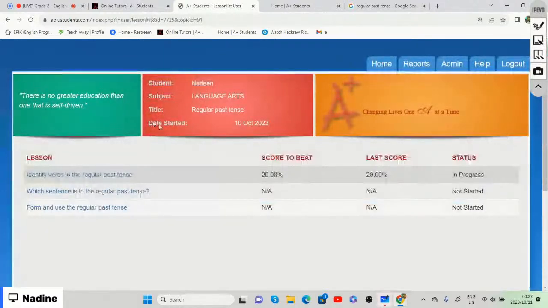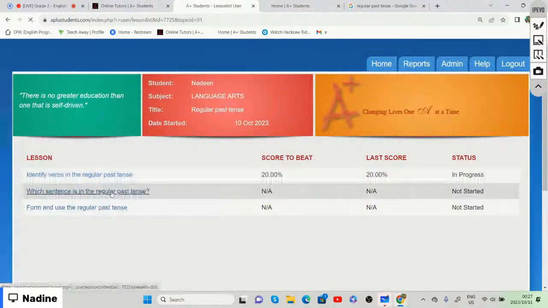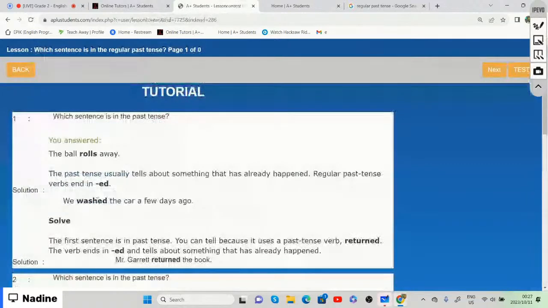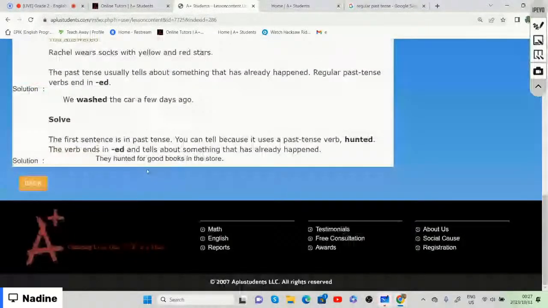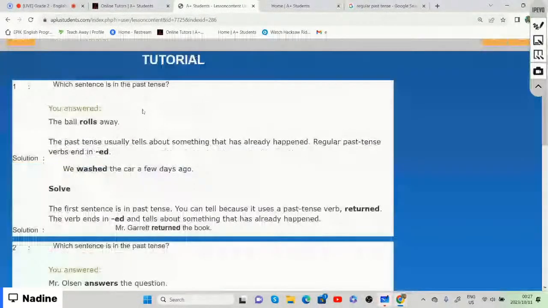All right, so now as we continue with regular past tense, we're going to focus on which sentence is in the regular past tense. And we must say that the past tense usually tells about something that has happened already.